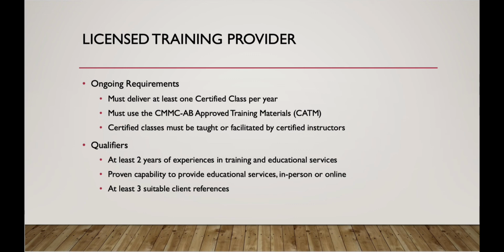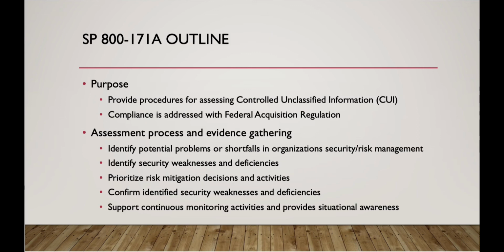Let's say like myself, I want to become a provider of training. I need to have at least 1 certified class per year. I must use the CMMC AB approved training materials, and they must be taught or facilitated by a certified instructor. Again, those are the qualifiers: 2 years experience. You must be able to provide education online or in person, and at least 3 suitable client references.